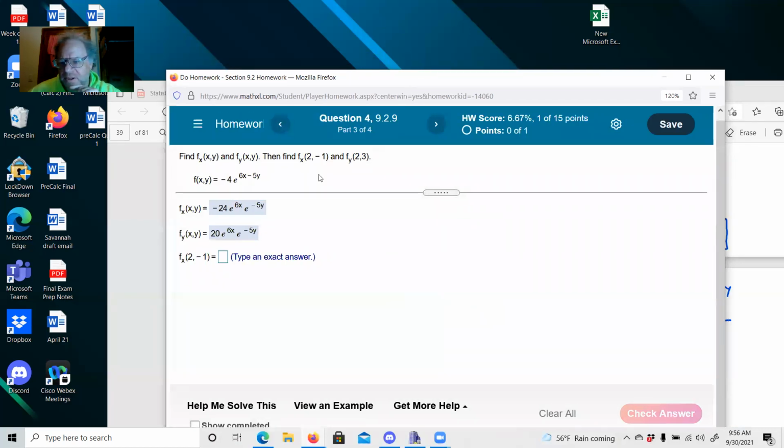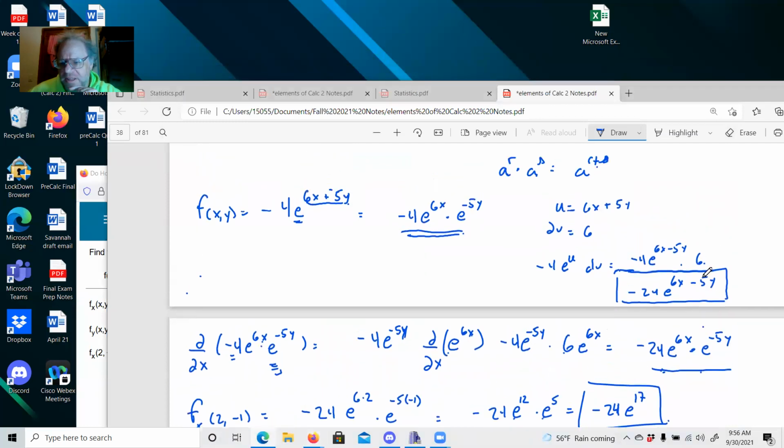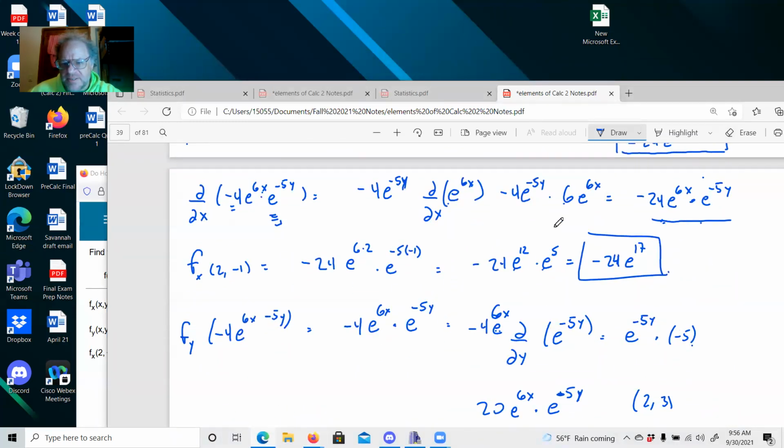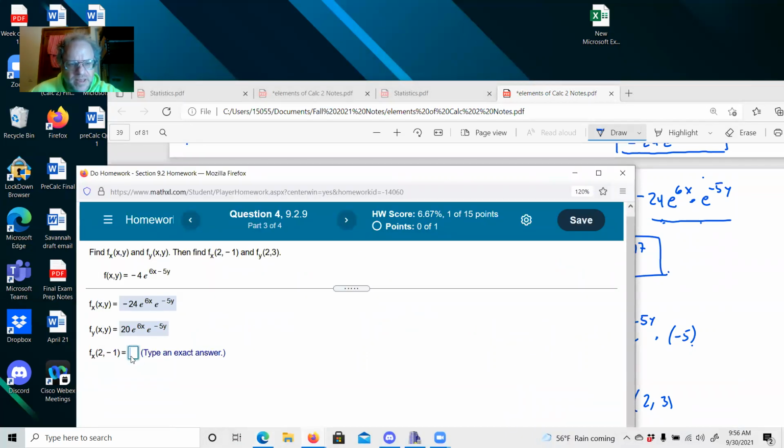All right, now we're going to double check here. Let's see. So this was negative 24 e to the 17th. Delightful. Okay, see about that.